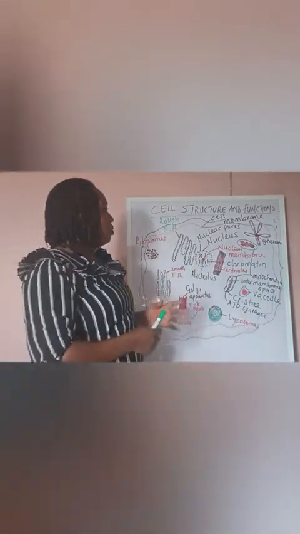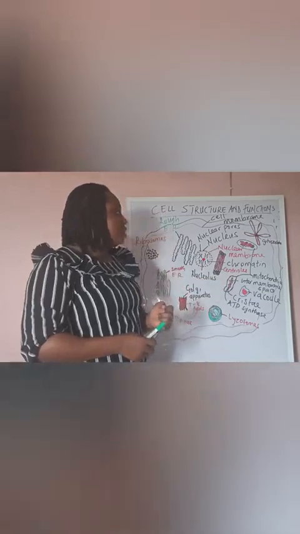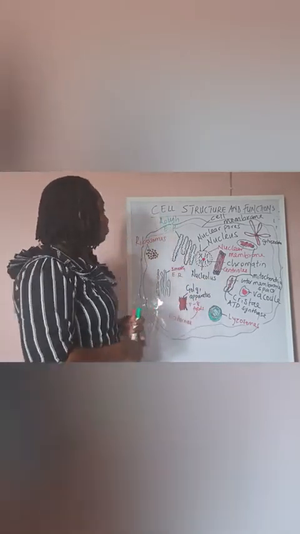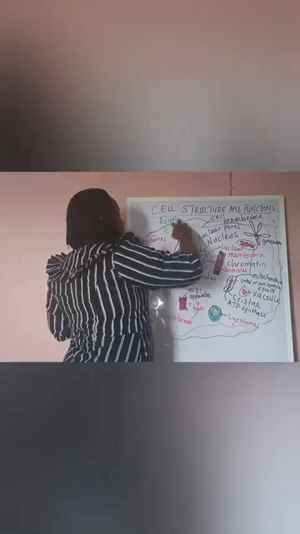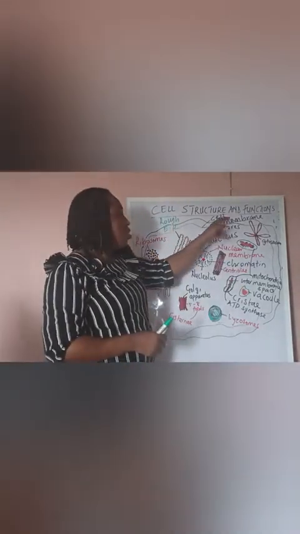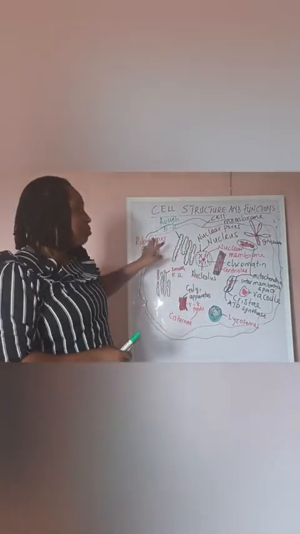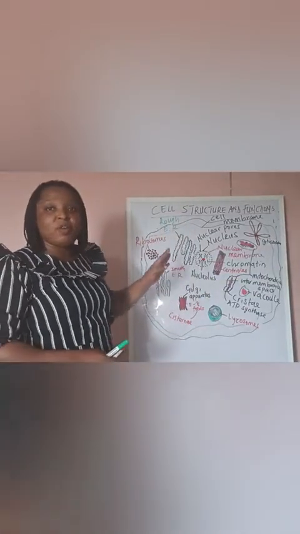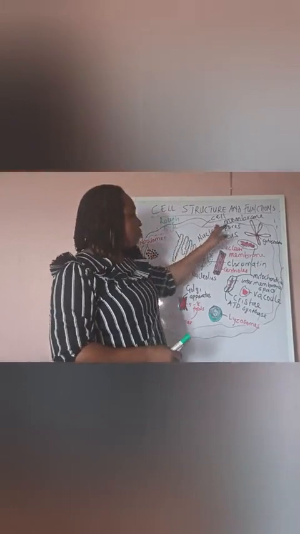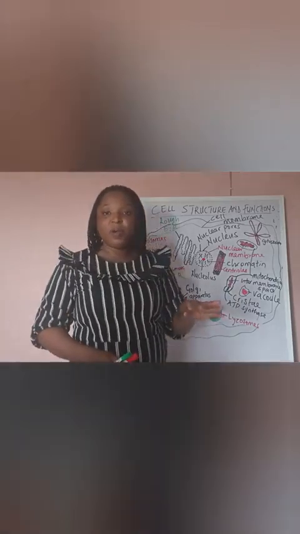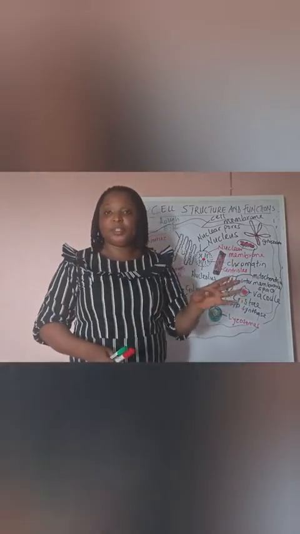So today we are going to be looking at different structures and the functions of the cell. So the cell is surrounded by a double membrane lipid layer called the cell membrane. So this cell membrane is the structure that surrounds the cell. It contains a lot of materials that are present on it, like cholesterol and proteins.